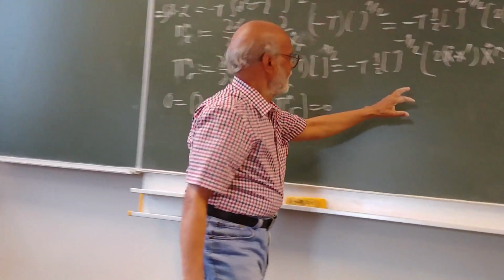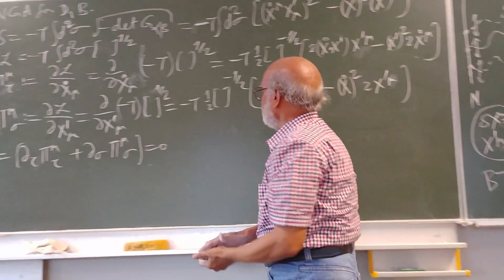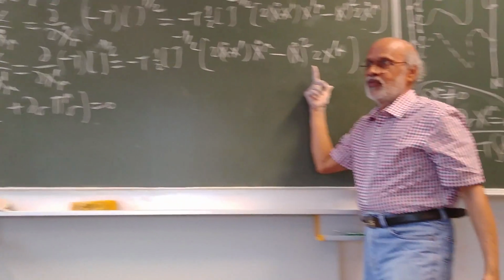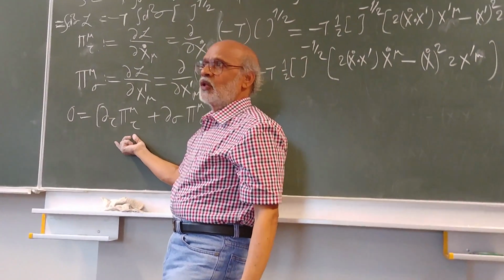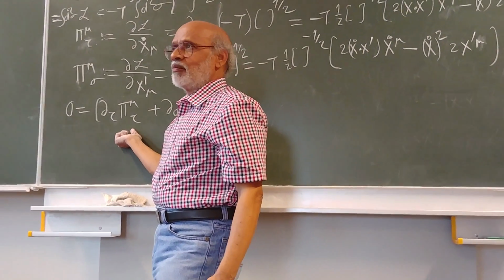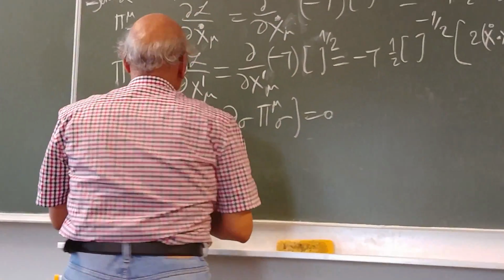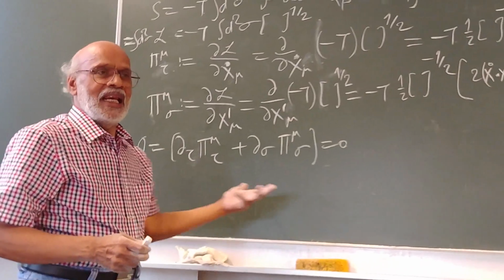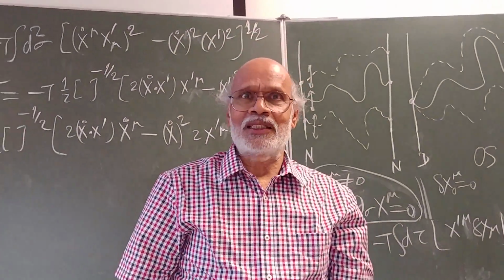If you take the time derivative of this, and the space derivative of this object, and add up the two, this will come out to be 0. And we claim this to be the equation of motion for this particular action.